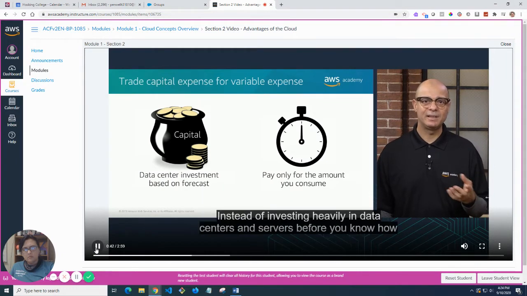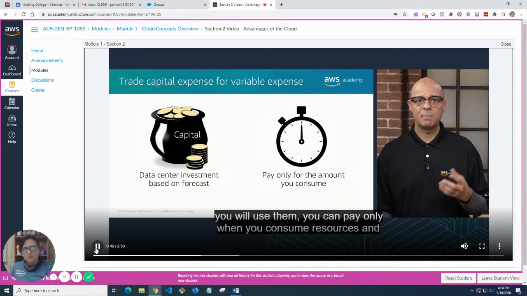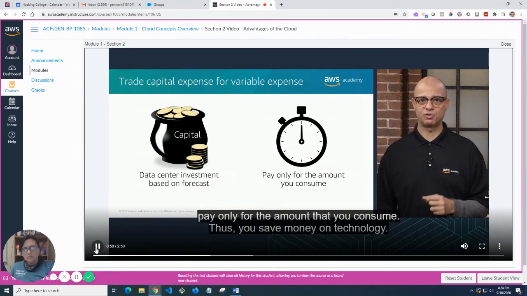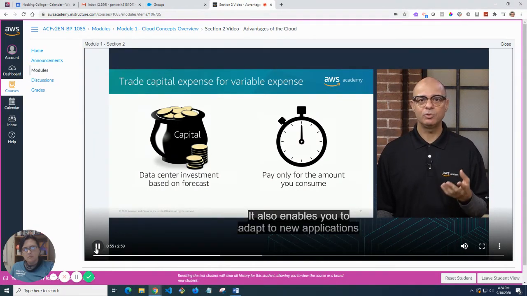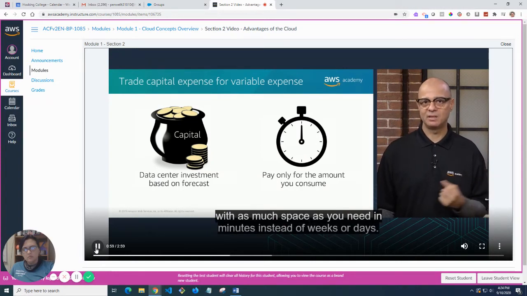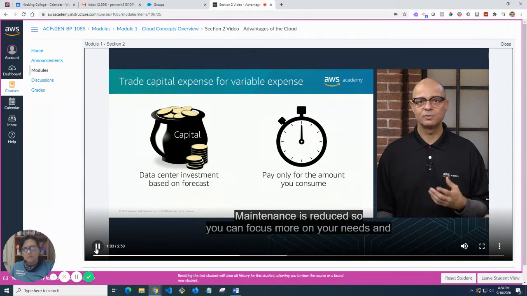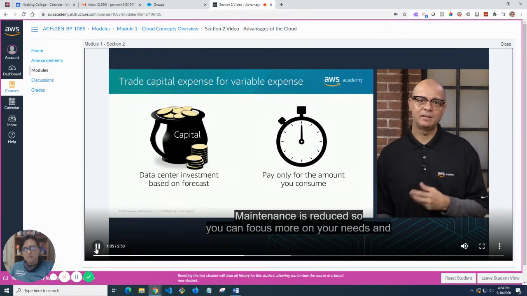Instead of investing heavily in data centers and servers before you know how you will use them, you can pay only when you consume resources and pay only for the amount that you consume. Thus, you save money on technology. It also enables you to adapt to new applications with as much space as you need in minutes, instead of weeks or days. Maintenance is reduced, so you can focus more on your needs and the needs of your business.